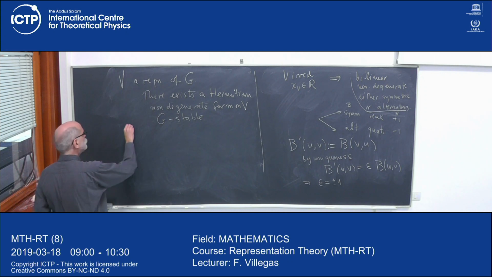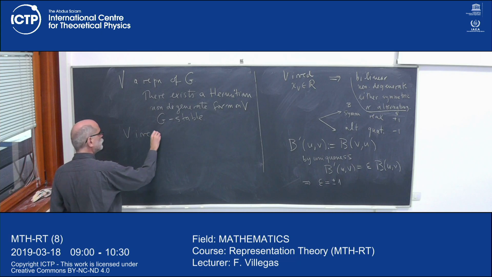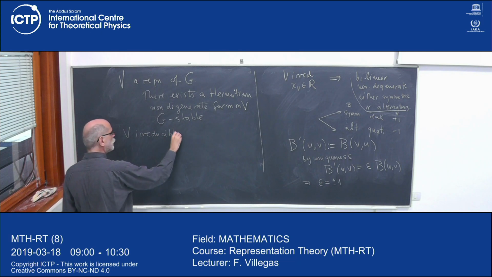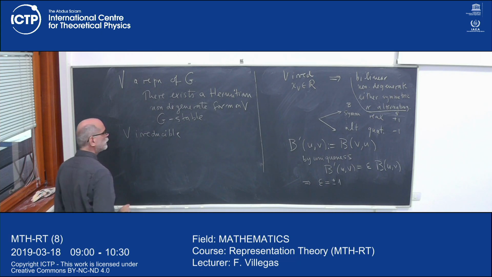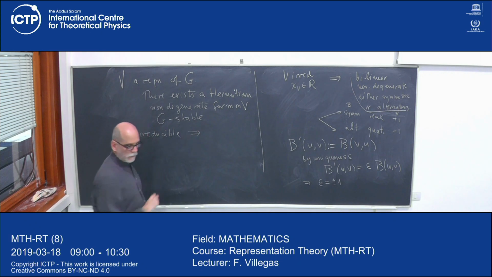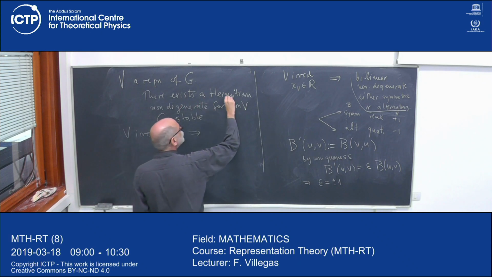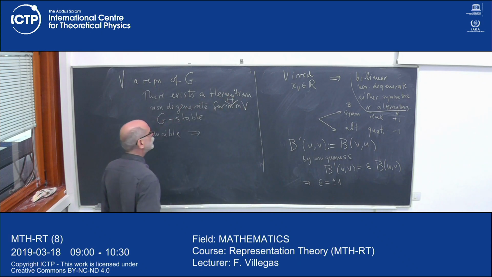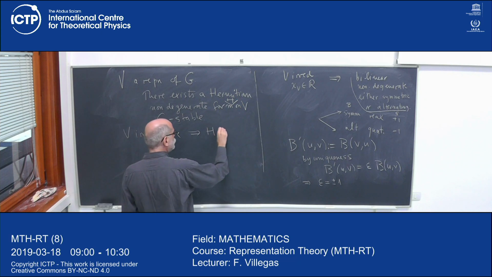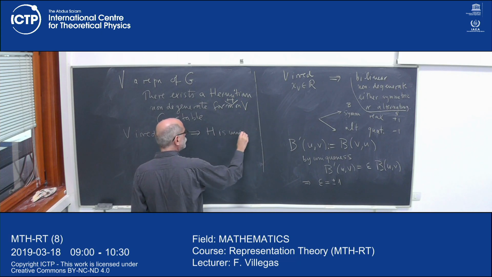Now, if V is irreducible, regardless of the character values, the same argument that we just did for B, let's call this thing H, form H on V. H is unique up to scalars.